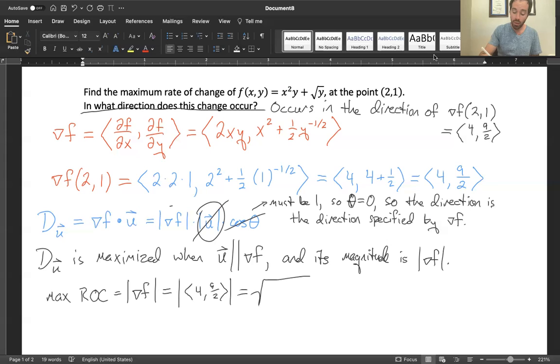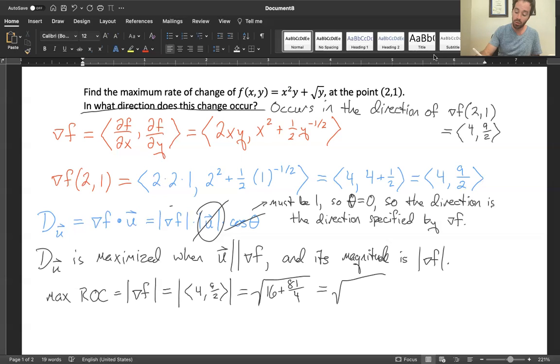It's the square root of 16 plus 81 over 4, the sum of the squares. 16 converted to common denominators is 64 over 4.